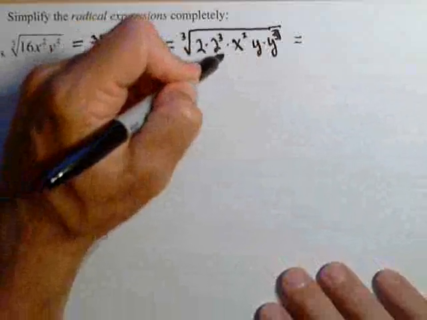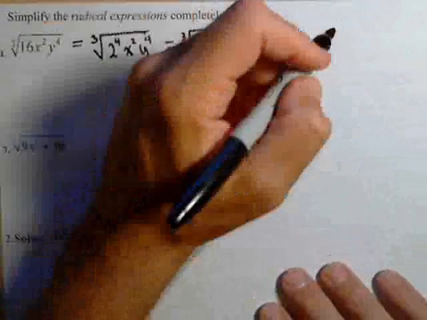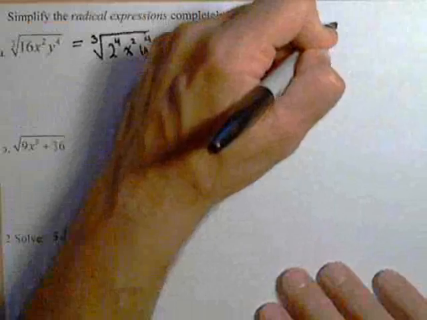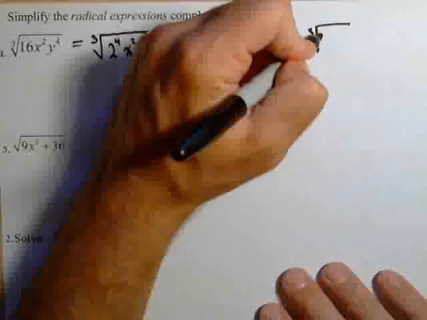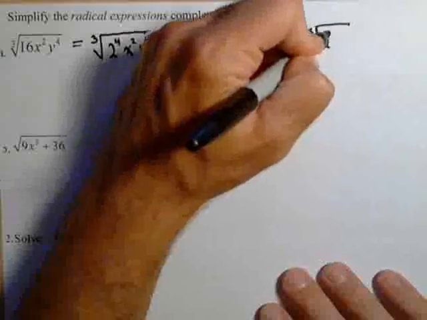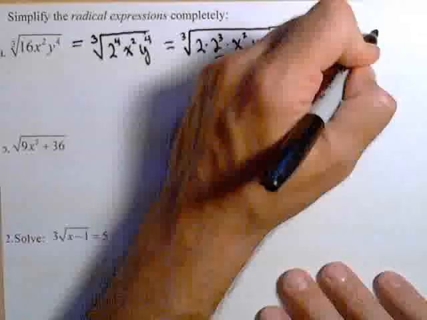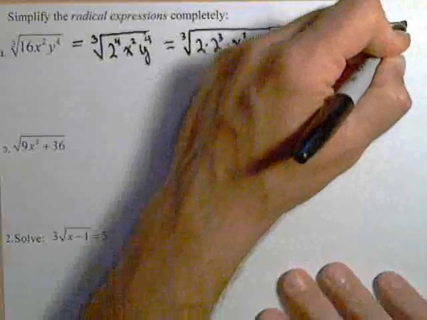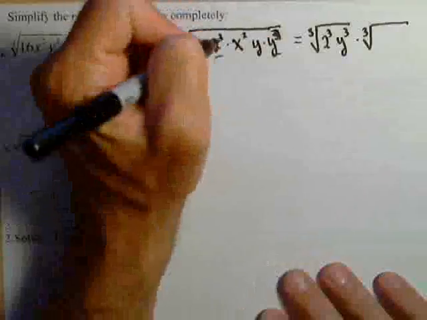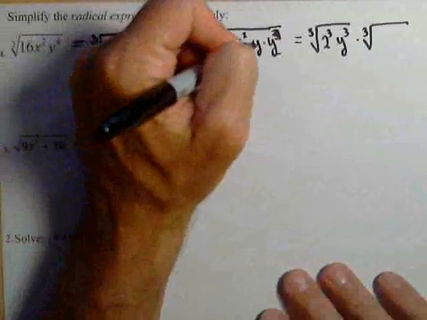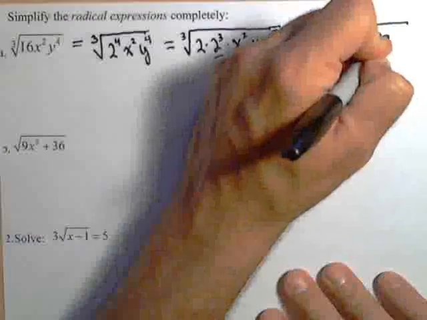So the two terms that have cubes I'm going to put together under a cube root. So cube root of 2 cubed y cubed times cube root of what's left over, 2 x squared y.